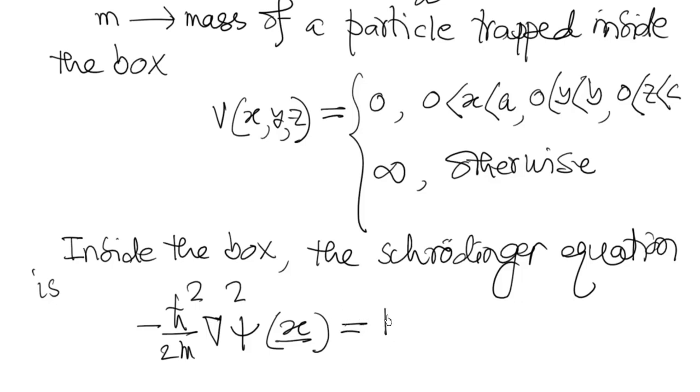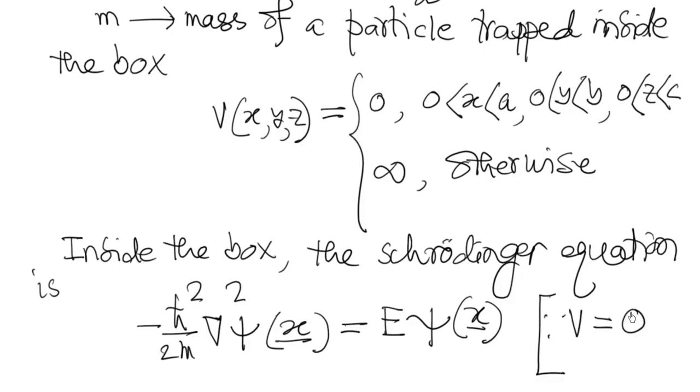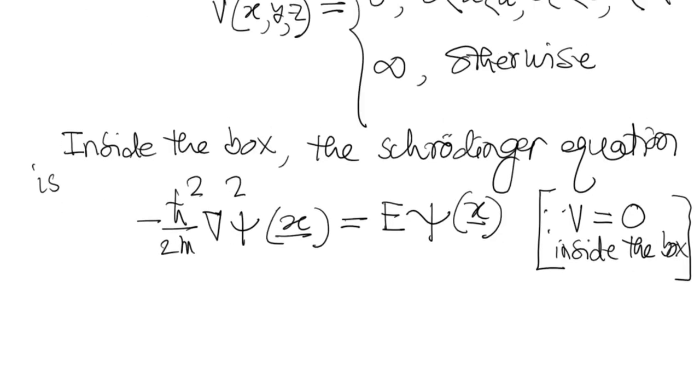And here we have the total energy E of the particle and the wave function. Let us say that this is equation 1 and this is equation 2.